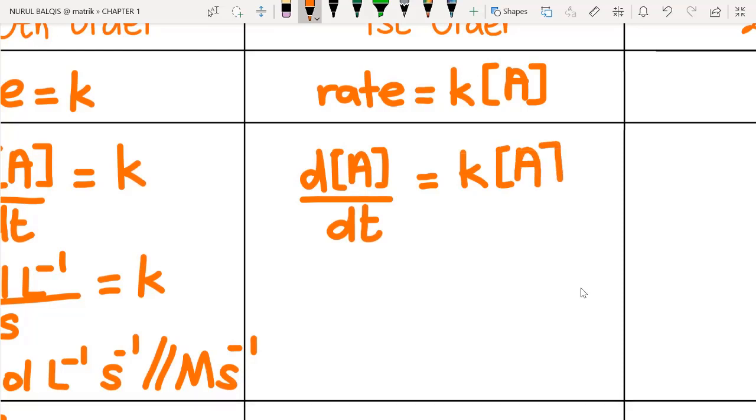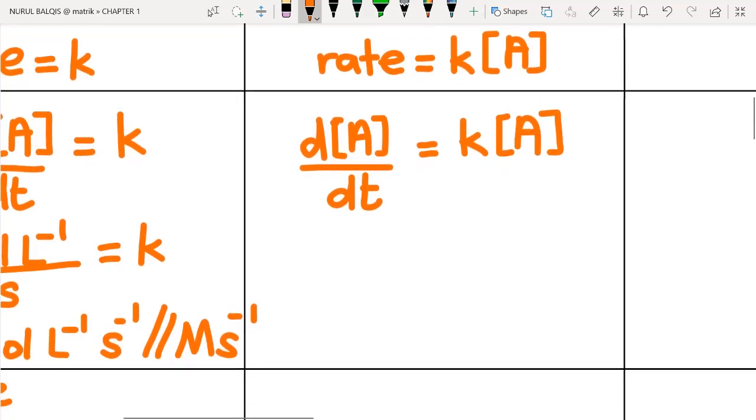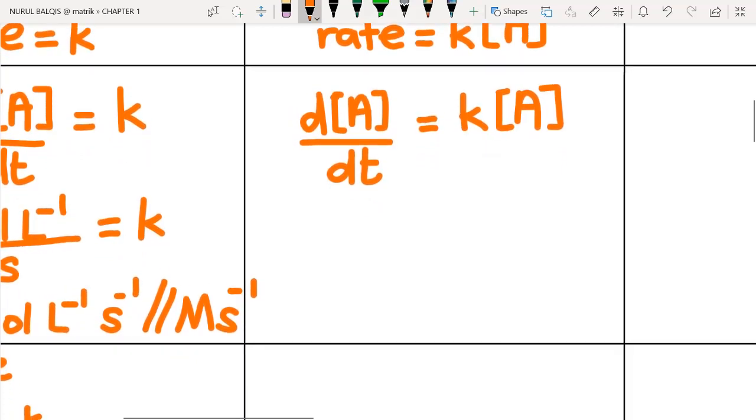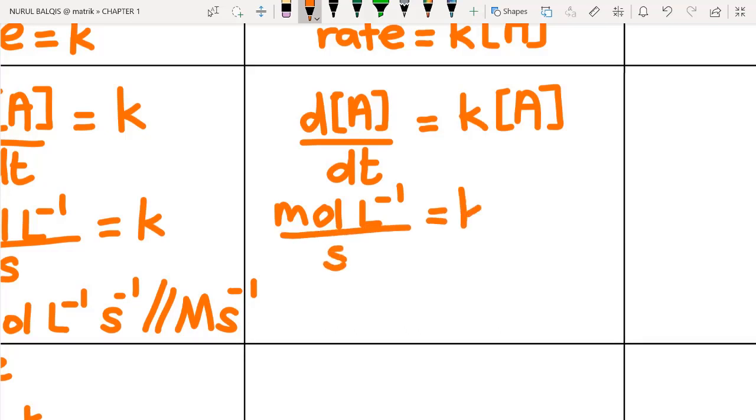Now, if we substitute all the units for this, we're going to get mole per liter per second equal to K mole per liter.